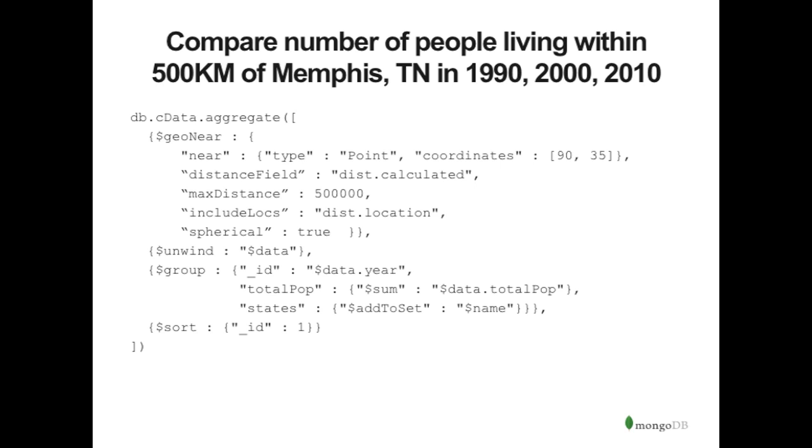I eliminated the decimal points. So this GeoNear stage is going to act as a filter, but the filter that's applied is a geospatial query. Let's go ahead and run that query just so you can see what that looks like.